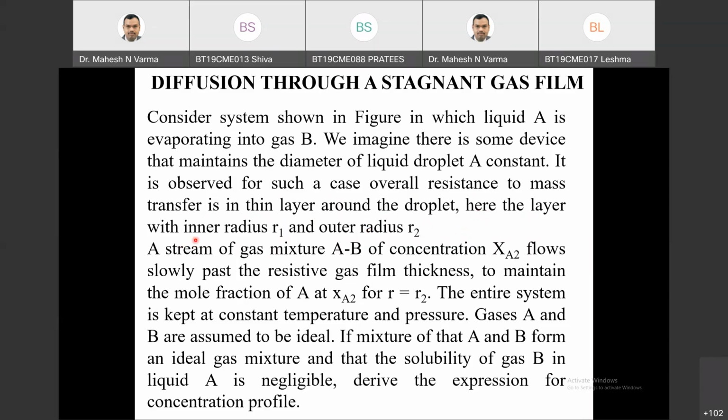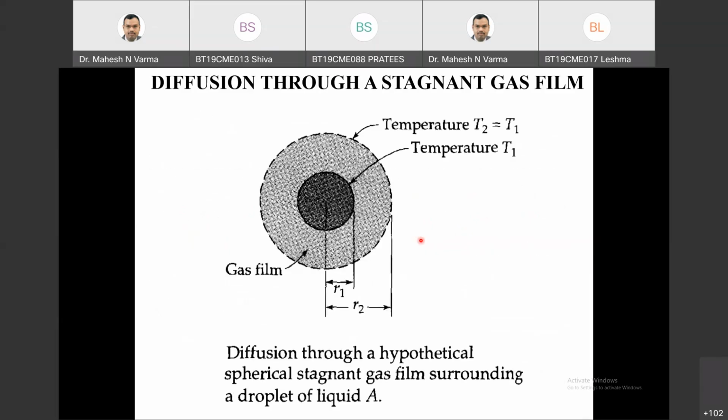It will be a layer with inner radius R1 and outer radius R2. So overall resistance to mass transfer is taking place in this. This will be the liquid droplet, this will be the gas-liquid interface, and this is the thin stagnant film, where overall resistance to mass transfer is taking place. And hereafter there is the bulk of fluid.